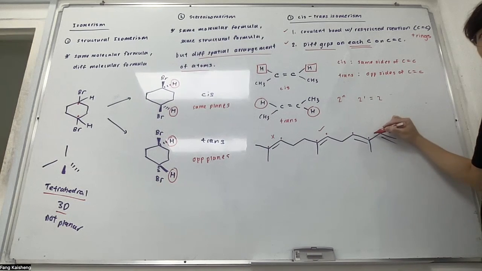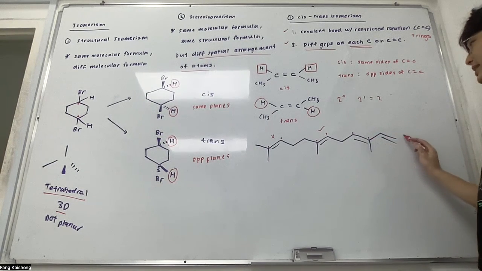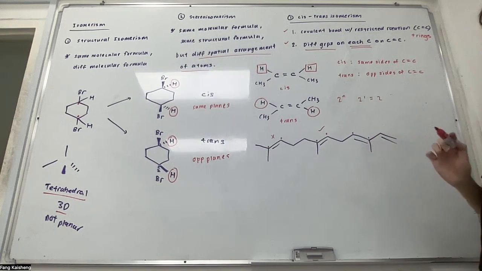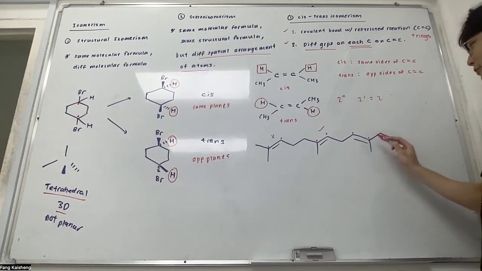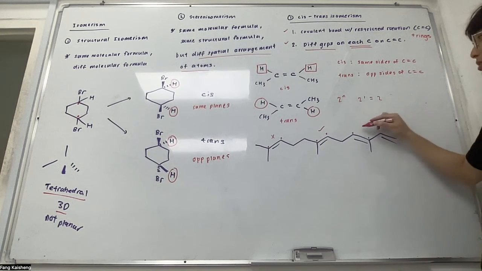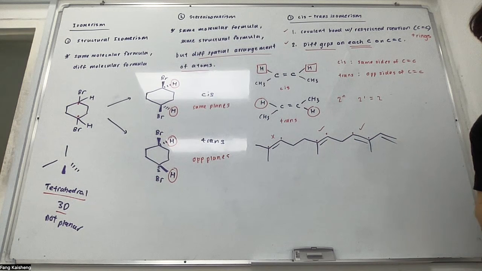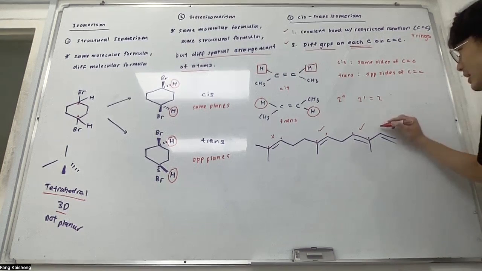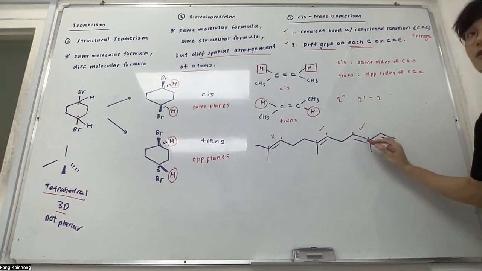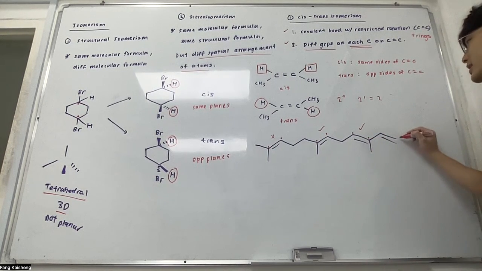Is it different? Yes, the whole thing that's attached to this red color group. So it's clearly different from this, right? Yes, so also different. How about the last one? It cannot because this one fulfills one H, but this one is two same H's, so cannot.